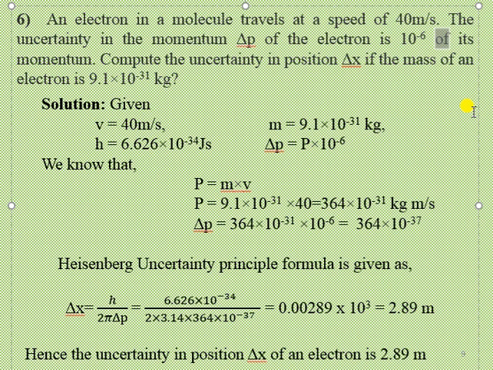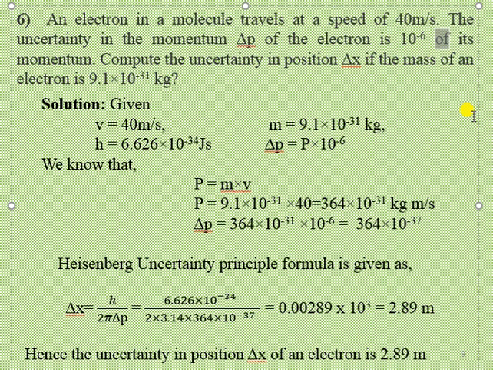Delta p, the uncertainty in momentum, is p into 10 raised to minus 6. First we find p, momentum equal to mass into velocity: 9.1 into 10 raised to minus 31 into 40, equal to 364 into 10 raised to minus 31 kg meter per second. Uncertainty in momentum equals 364 into 10 raised to minus 31 into 10 raised to minus 6, which is 364 into 10 raised to minus 37.